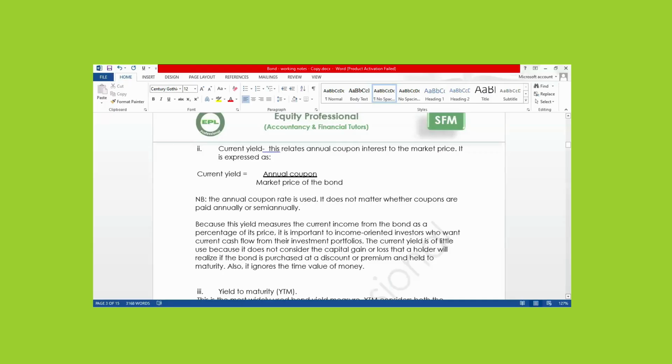Also, the current yield does not consider the time value of money. It ignores the time value of money.